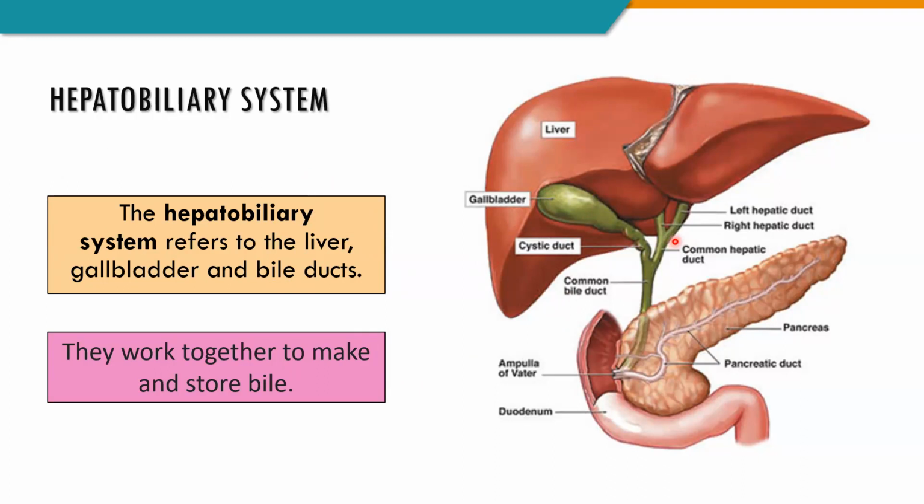They work together to make and store bile. When the GI system is in need of bile, it will be secreted through the bile duct and into the duodenum. So this is just the introduction. What organs are you going to learn in this lecture? It is the liver, the gallbladder, and the biliary tree.